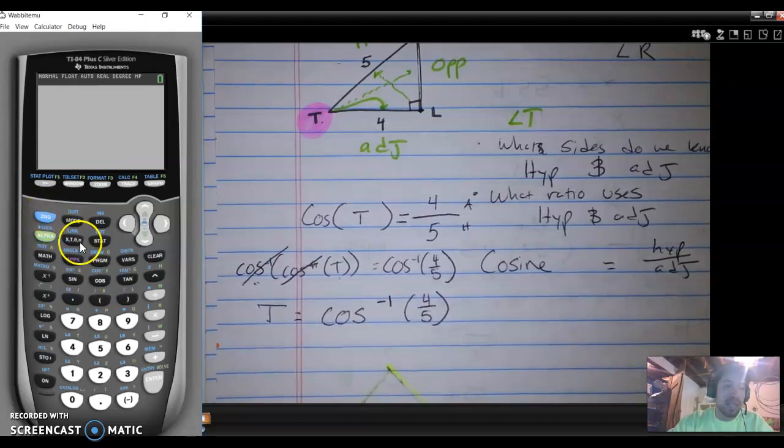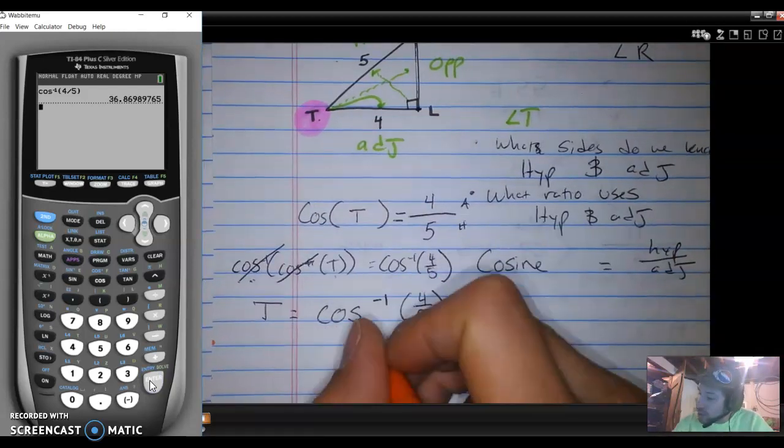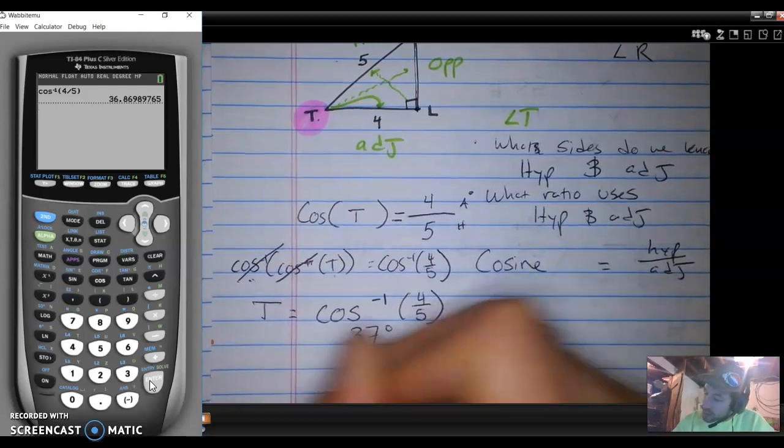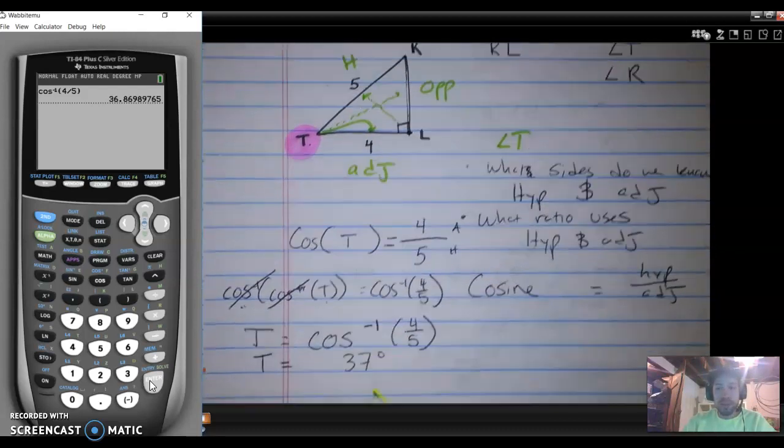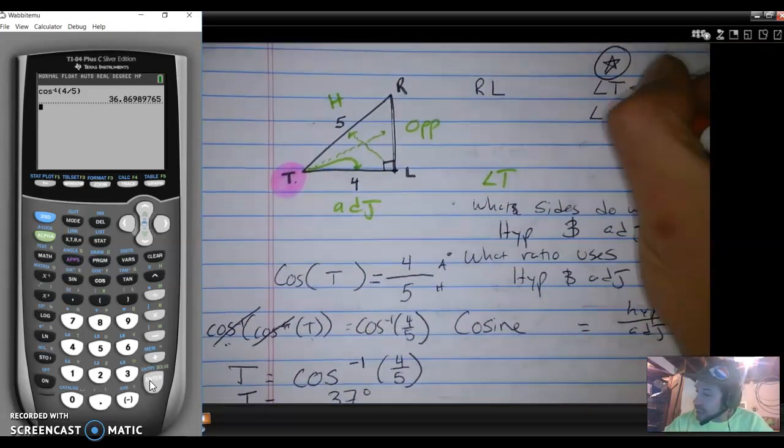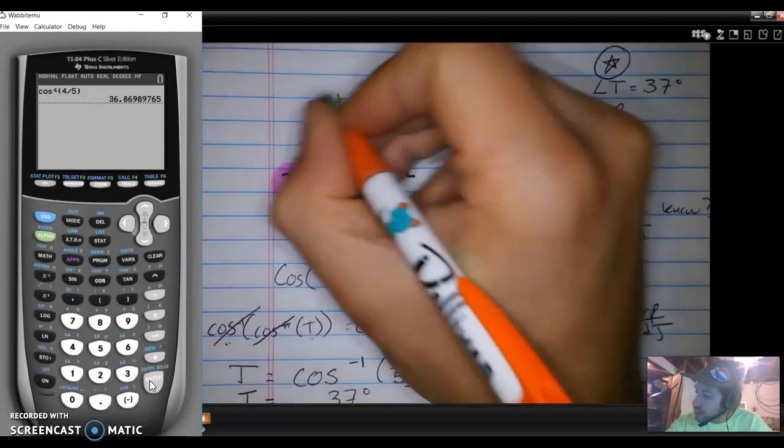To get cosine inverse, it's second cosine of 4 divided by 5. Which gives me 36.9, or I'm just going to round that to 37 degrees. So now I can write in that angle T is 37 degrees.